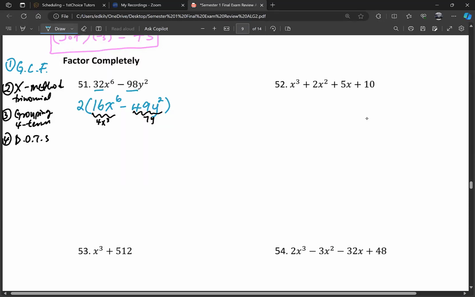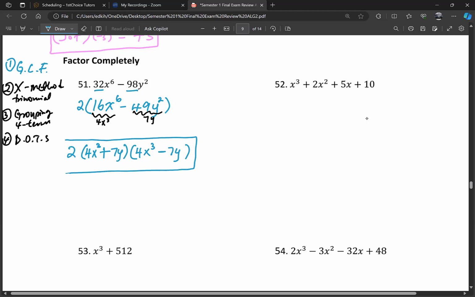So now, once you know that we have a DOTS, we know that we always have two parentheses. One of them always has a plus, the other one always has a minus. So now we just fill the blanks with the square roots that you just found. So this is 4x to the third and 7y. 4x to the third and 7y. And there's no place else to go. So that's fully factored.